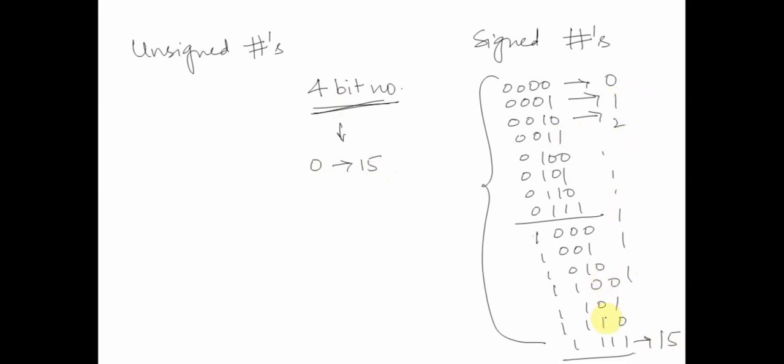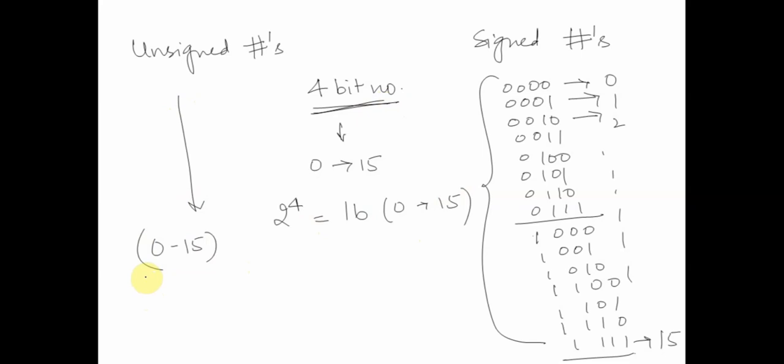This is under the assumption that all the numbers are positive. How many total combinations are possible for a 4-bit number? That is 2 raised to power 4, which is equal to 16. Correct? And if there are 16 possible combinations, numbers are from 0 to 15. Whenever we say unsigned numbers, it means all numbers are positive, and if we have 4-bit numbers, the possible values are from 0 to 15, right?